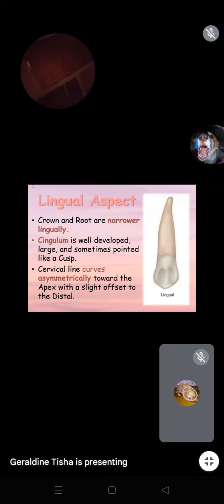For the lingual aspect, now focus: the crown and the root are narrower lingually. Since it narrows from the labial to the lingual, you can see part of the mesial and distal aspects of the labial. That is why it is narrow.